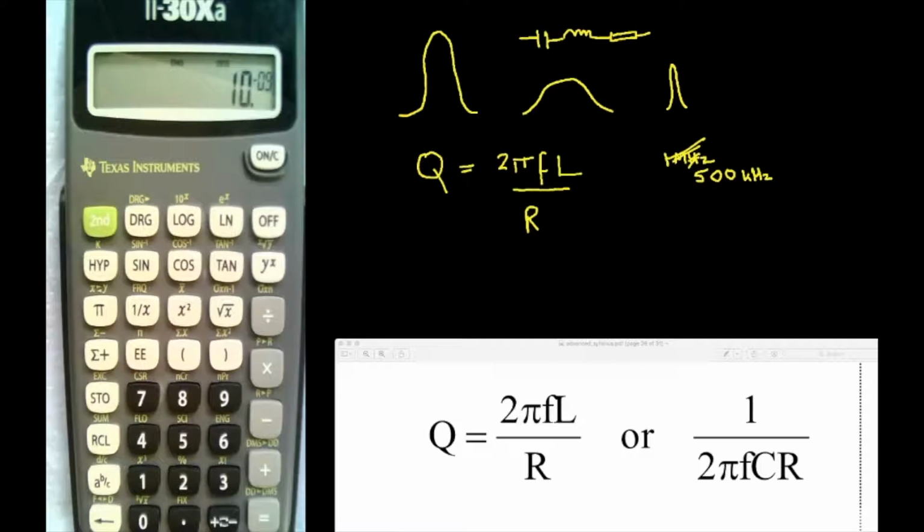Okay, and let's say that L would be, I don't know, 100 microhenries. And R, we'll say, is equal to 100 ohms.